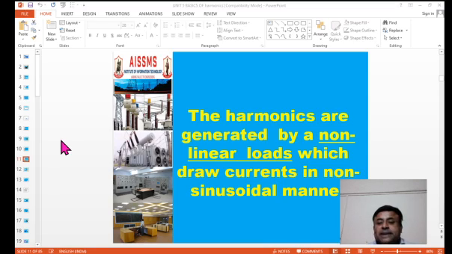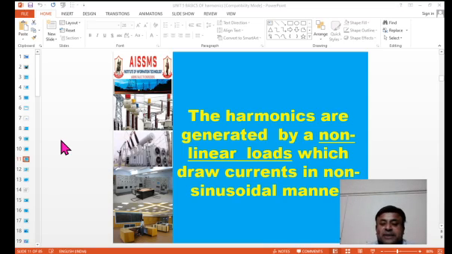Not only that, the currents which are generated by nonlinear load tend to flow in the system, and if they come across some bus nearby, they will flow through the bus and form harmonic voltage across the bus.